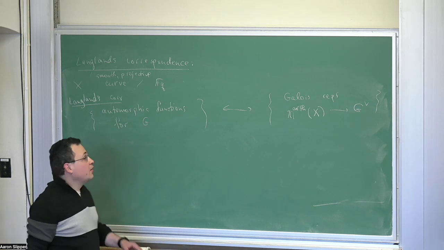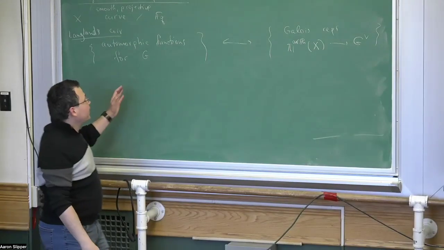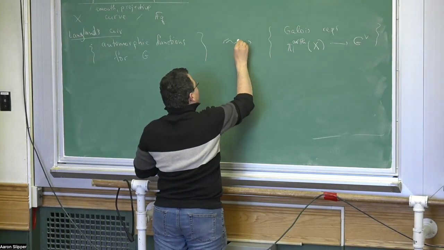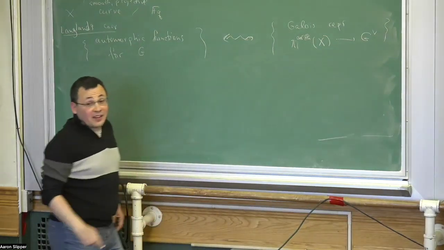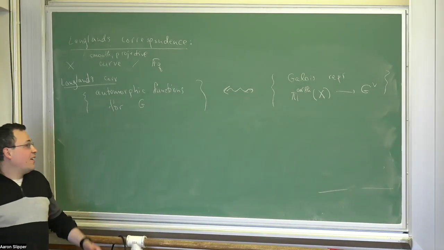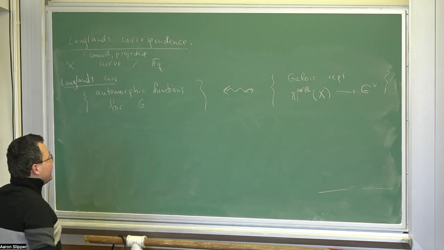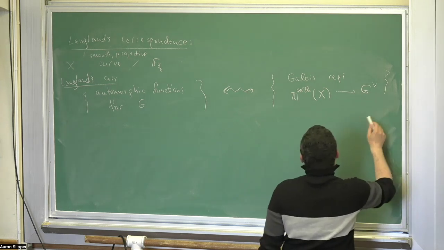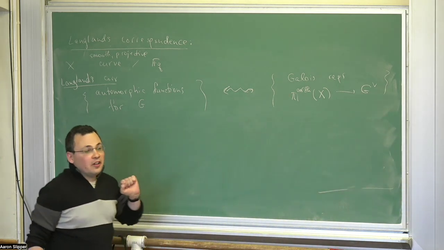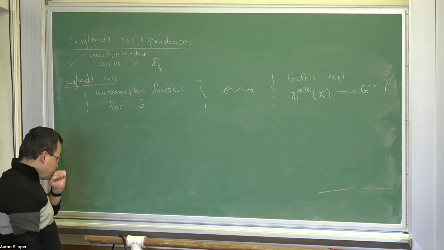So as stated, there's no, anyway, I should draw it more squiggly to indicate the vagueness of this assertion. So the bulk of this talk will be about this right-hand side.